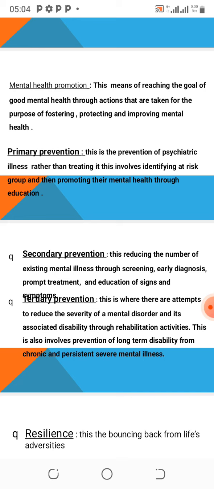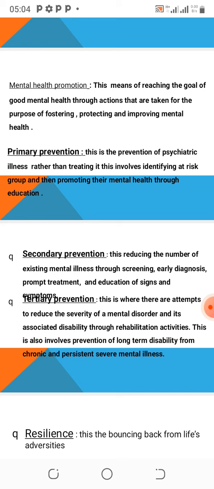Remember, in primary prevention, there is a prevention of psychiatric illnesses. And in secondary prevention, there is a reducing of the number of existing mental illnesses. Okay, go to the next one, which is tertiary prevention.